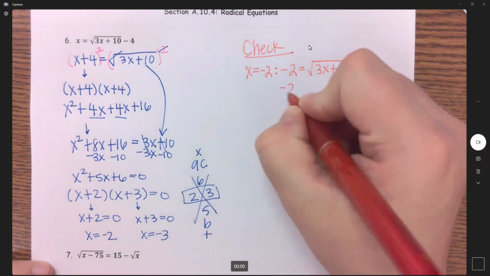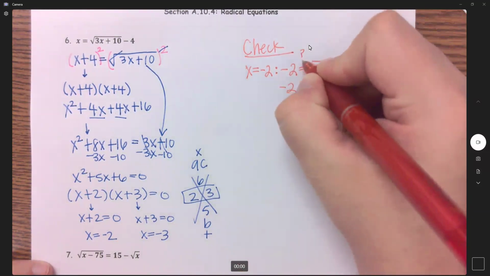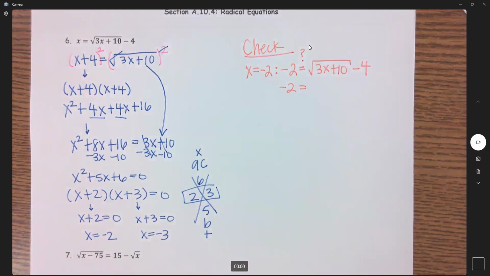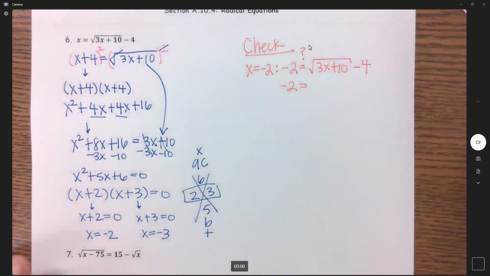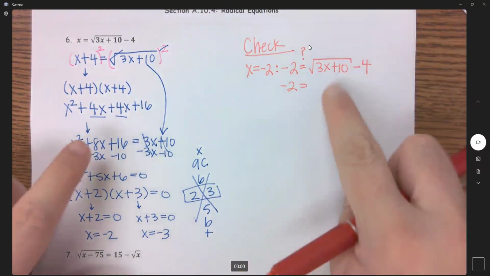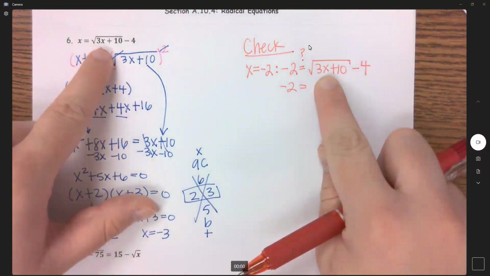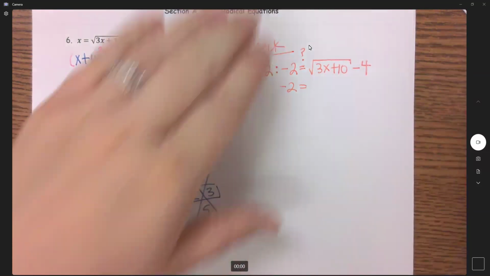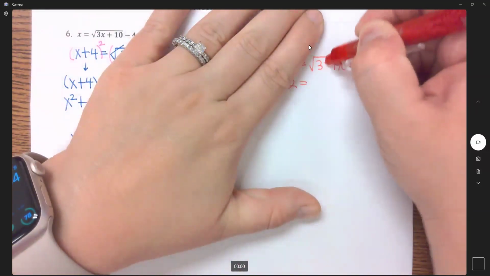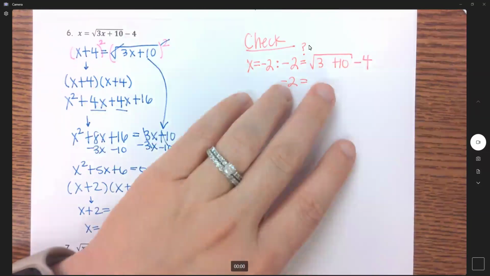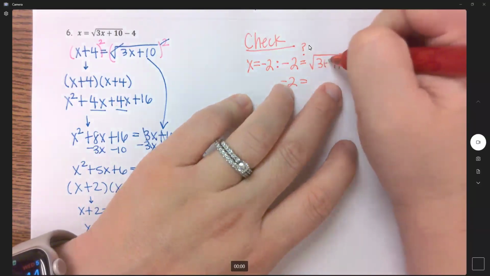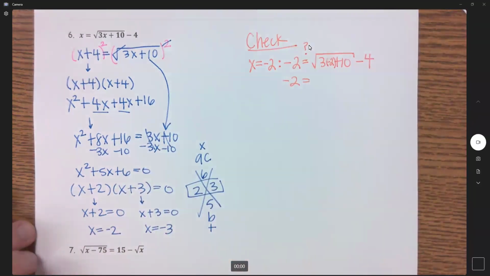So we've got negative 2 equals, and of course, by the way, I'm wanting to know, do these equal the same thing? And I forgot to plug in a negative 2 for this x here. So let me do that. Squeeze that in there.